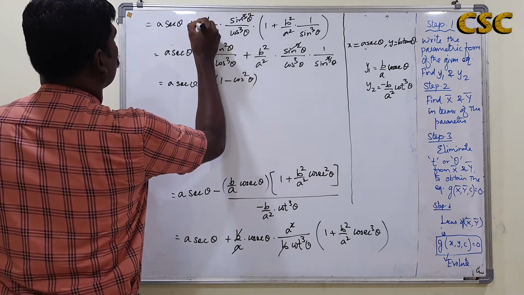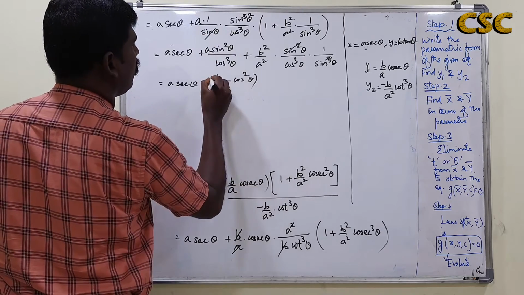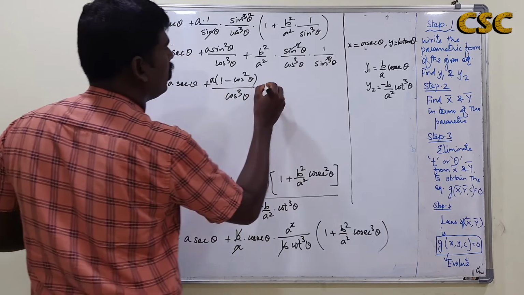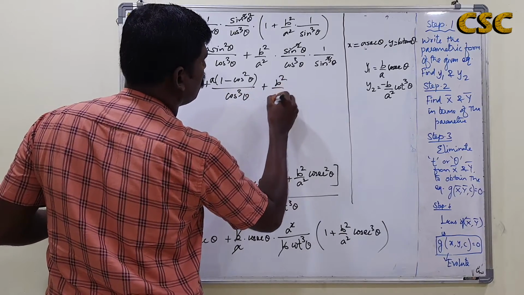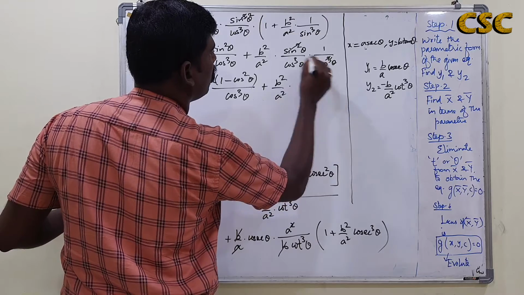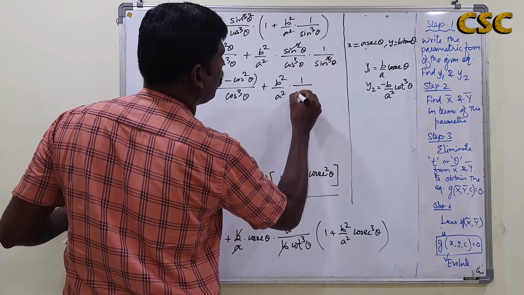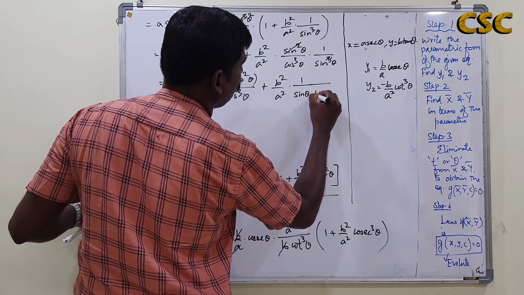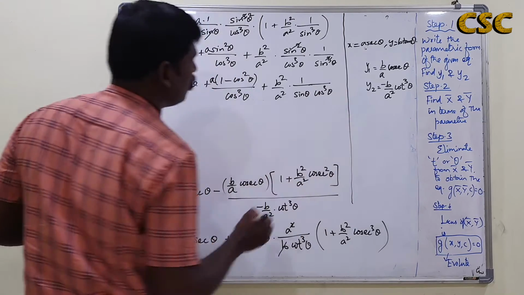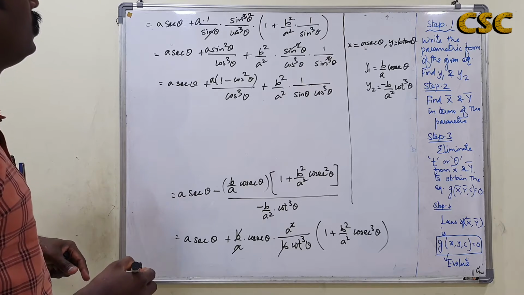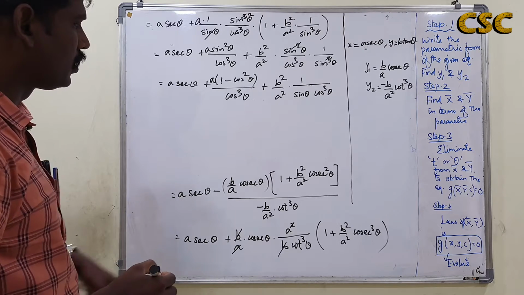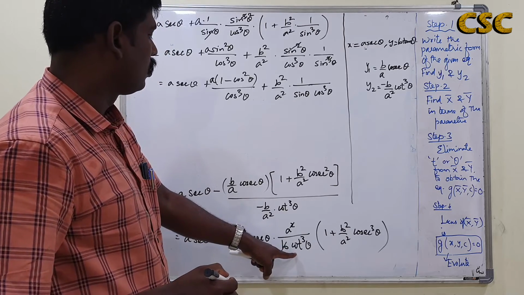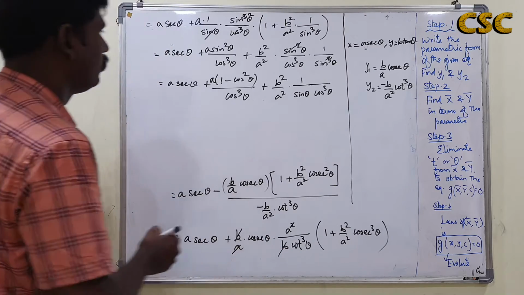So a into, right? This is the value of a by cos cube theta, right? Plus b square by a square into what is remaining here? 1 by sin theta into cos cube theta. Is it right? Sin theta cancels here. 1 by sin theta is cot theta. Right? That's all, right?